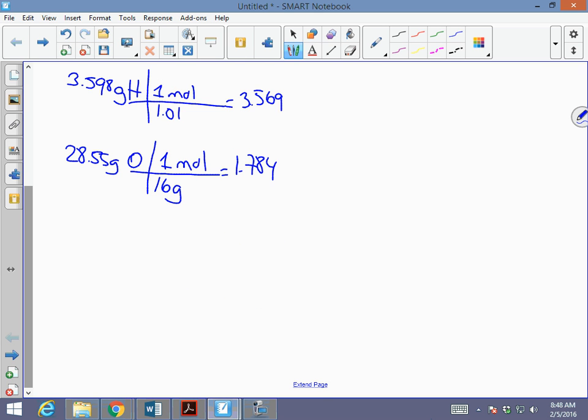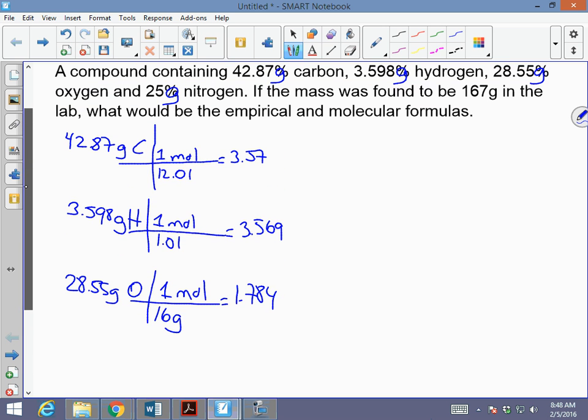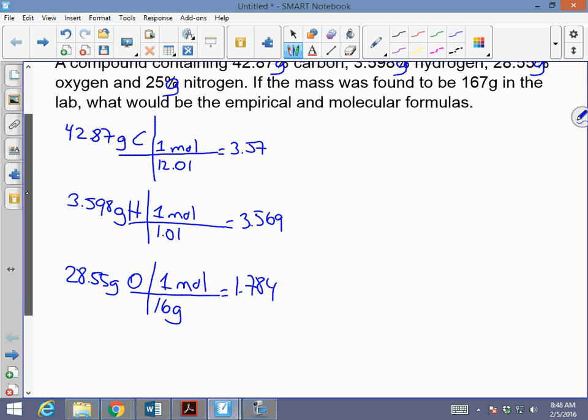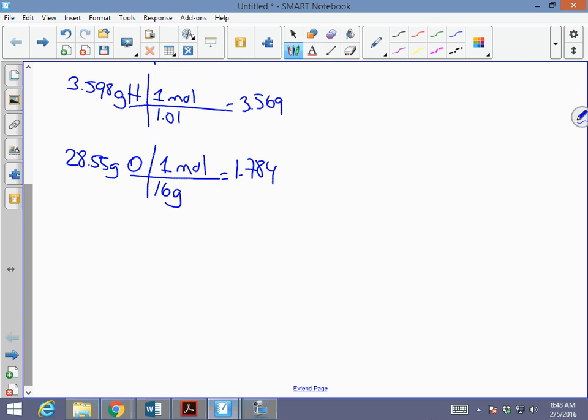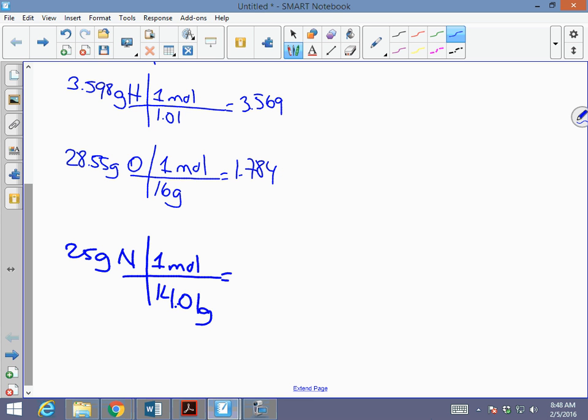And one last one, they're giving you nitrogen, 25 grams. Cancel with its mass 14.01 grams, and you get here 1 mole. And that should give you 1.784.